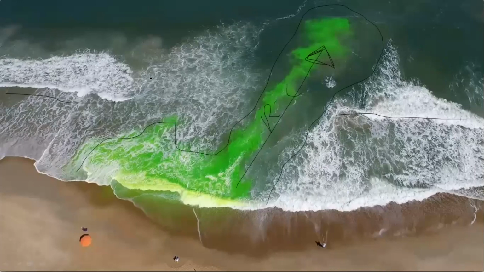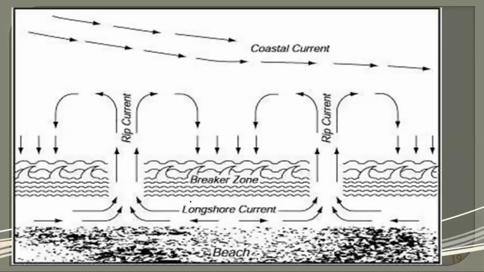It is very easy to identify based on this color dye. This is a beach, and you can see the scale. Maybe this is a person standing here, similarly here, and you can see the scale of these currents and how they form the shape of the coast.